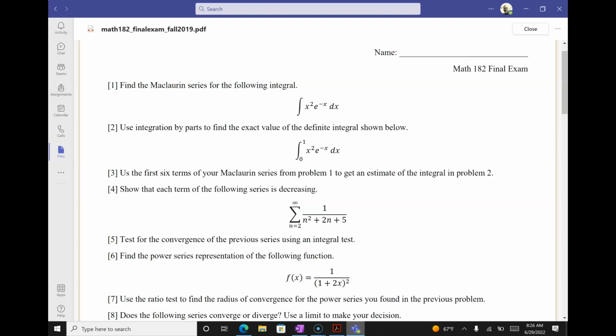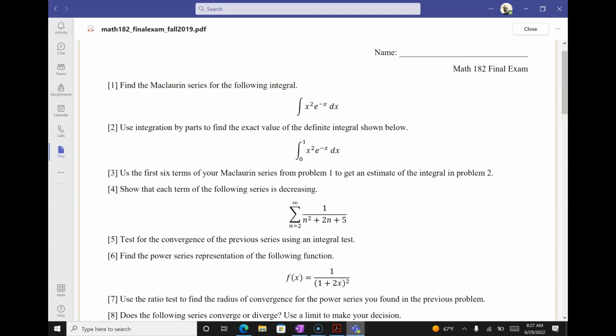All my terms are positive, right? That's pretty obvious, yes? And so we just want to show that it's decreasing.